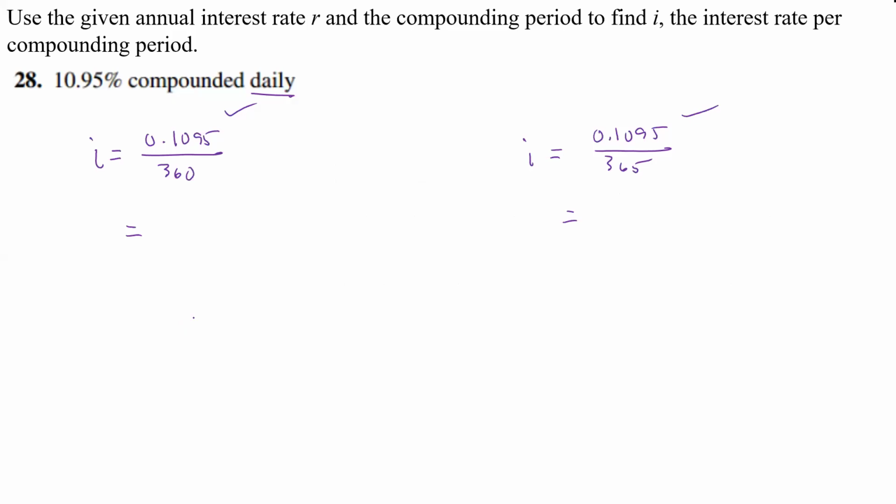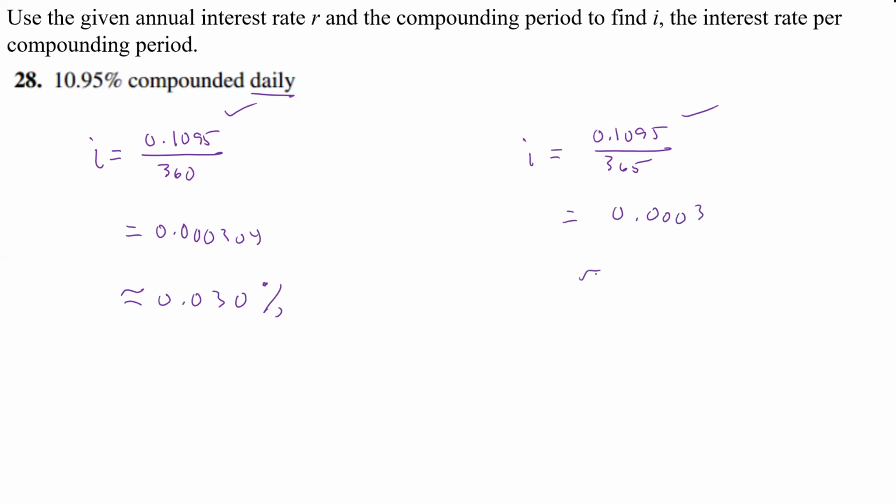So this one was 0.000304, which, if we move it to the decimal here, is going to be approximately 0.030%. And this one, that was 0.1233.